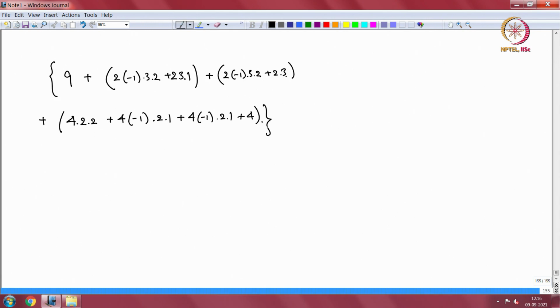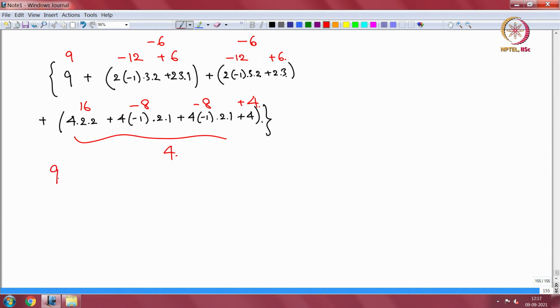These are the 4 terms. So what do I get here? I get a 9 here, I get a 12 minus 12 here, I get a plus 6 here, I get a minus 12 here, plus 6 here, I get 16 minus 8 plus 4. Okay, this 20 minus 16, I get 4 from here, I get a minus 6 from here.